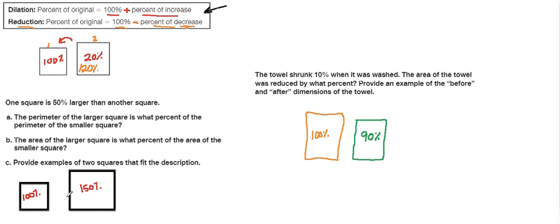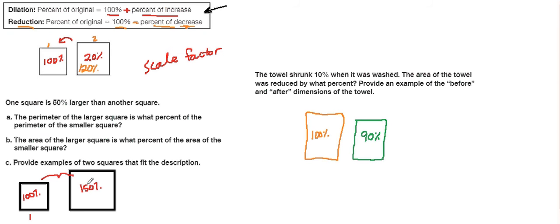Okay, what we need when we work with this is the scale factor. Do you remember that term? Scale factor is the factor that we multiply by to get to new dimensions. So if this were 1, what would I need to multiply by to get to 150% of 1? What's the scale factor?